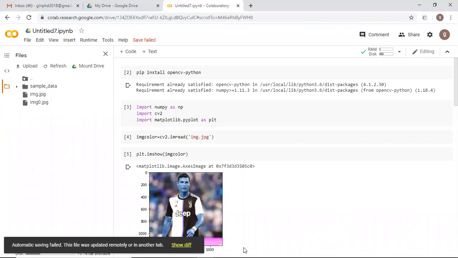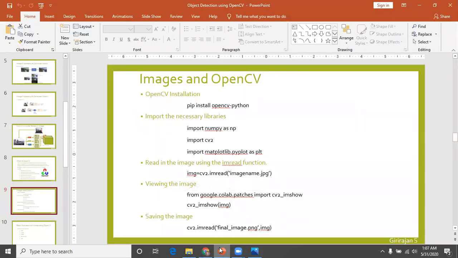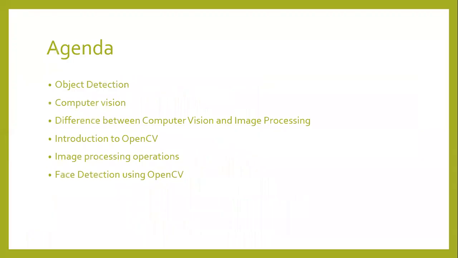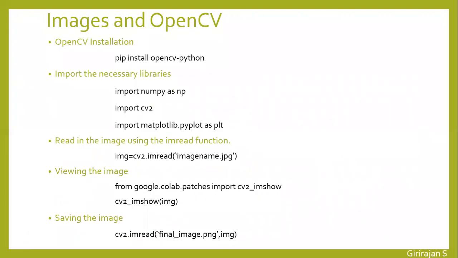Okay, let's go back to the slide. Here you can see I have shown you how to install OpenCV and then import necessary libraries like NumPy, OpenCV, and matplotlib for data visualization.